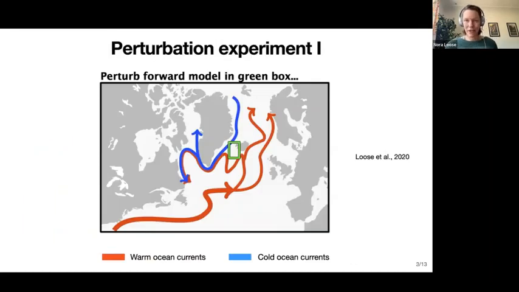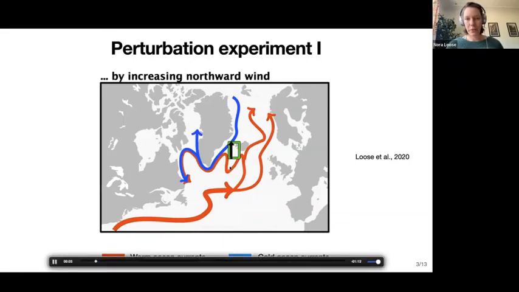Okay, so experiment number one, I will perturb wind in this green box. The red and the blue arrows here show warm and cold ocean currents in the North Atlantic. So let's see what happens. If we increase the northward wind in this green box, the ocean flows east, we get Ekman onshore convergence and a positive pressure anomaly along the Icelandic coastline.